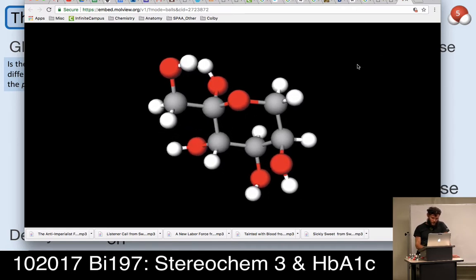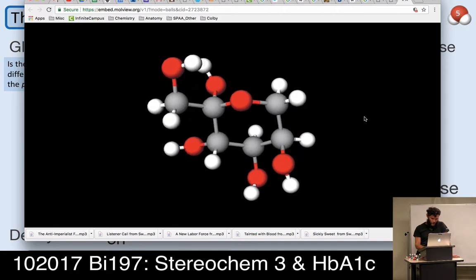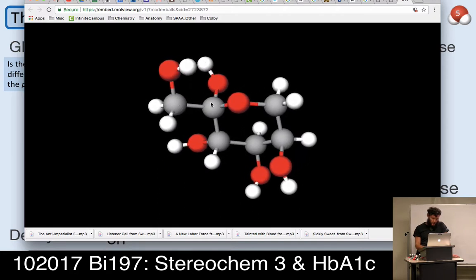So you had 4 centers. Let's look at the furano form. Furano has, this is no, this is yes, yes, yes, yes. So 1, 2, 3, 4. And then this is no, because it has 2 hydrogens attached to it. In the 5-membered ring, this carbon is sticking out as a tail, but in this 6-membered ring, it's incorporated into the ring.